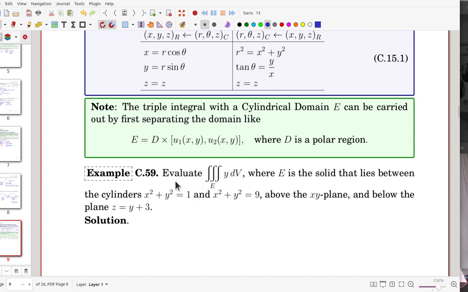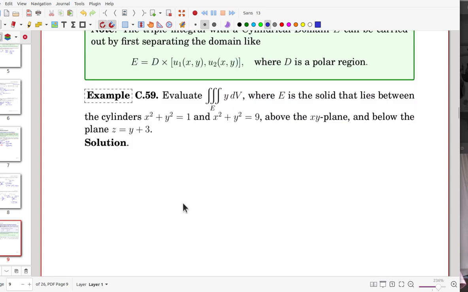Now, evaluate this triple integral with integrand y, where E is a solid that lies between vertical cylinders, radius 1, now radius 3, and above the xy plane and below the plane z equals y plus 3.